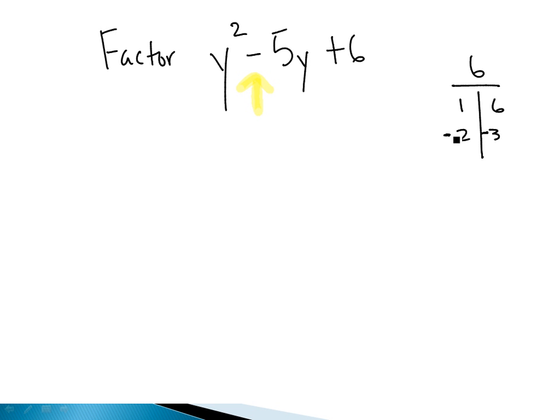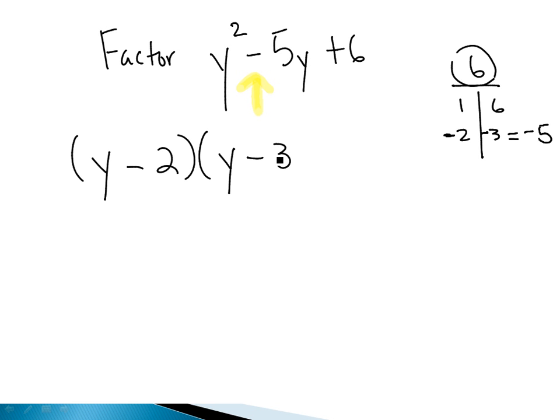Because if I multiply a negative 2 times a negative 3, I still get the positive 6 that I need here, but it will give me the negative 5 in the middle. So that's how I know that my answer is y minus 2 times y minus 3.